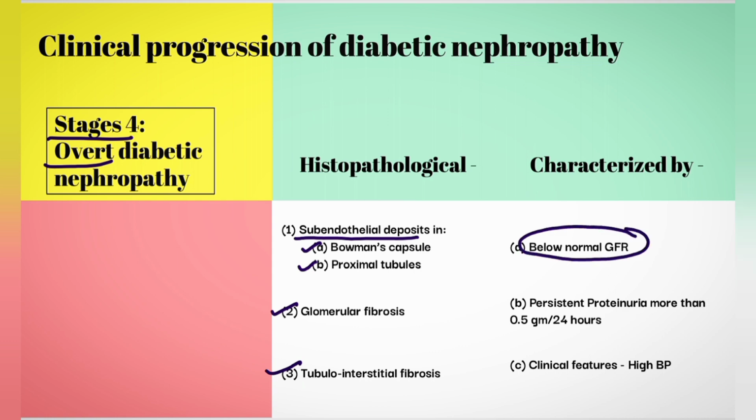We will find persistent proteinuria, and this proteinuria will be more than 0.5 gram per 24 hours, and again we will find here a clinical feature in the form of high BP.